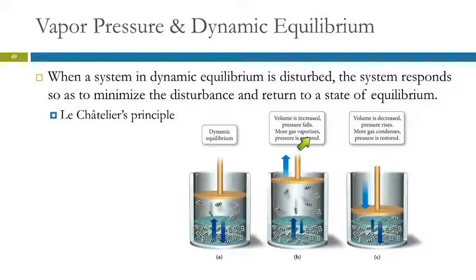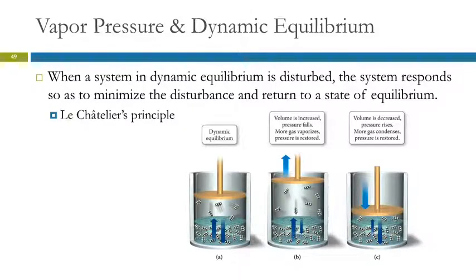If we pull up on this piston, we're going to increase the space that the gas is occupying. If we think of concentration of gas, you've got the same number of molecules up there, and you're increasing the volume. What does that do to the concentration? It decreases the concentration.